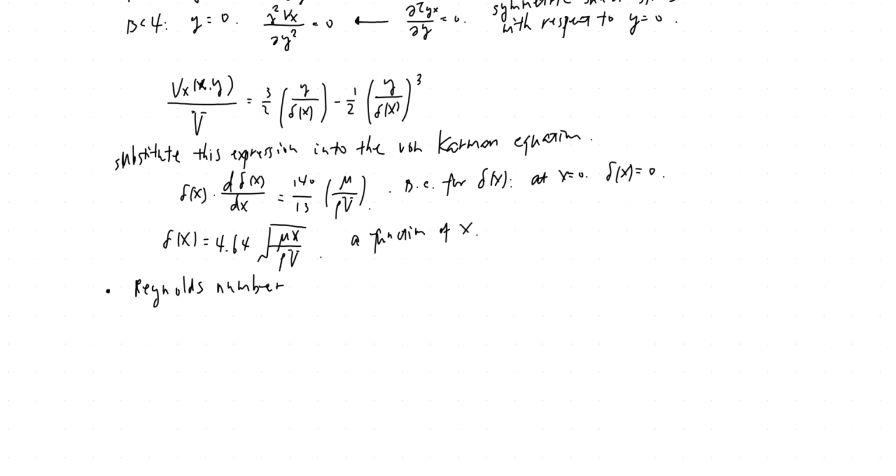Actually, let me write it more specifically. This is important. We actually have what we call the local Reynolds number. That's important to specify. It is defined as the Reynolds number at location x. That's why we call it local. It is rho capital V x divided by mu. So now x becomes the characteristic length.